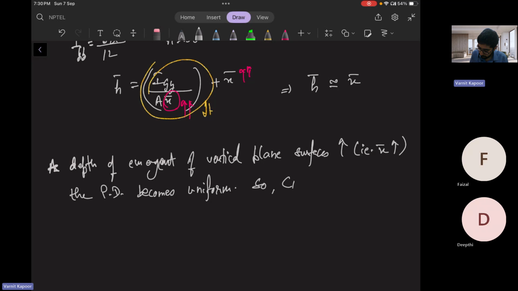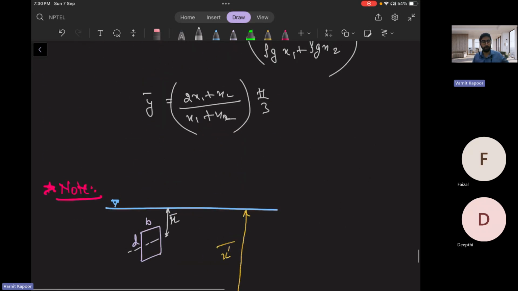So center of pressure shifts towards the center of gravity. Okay, always remember this thing.